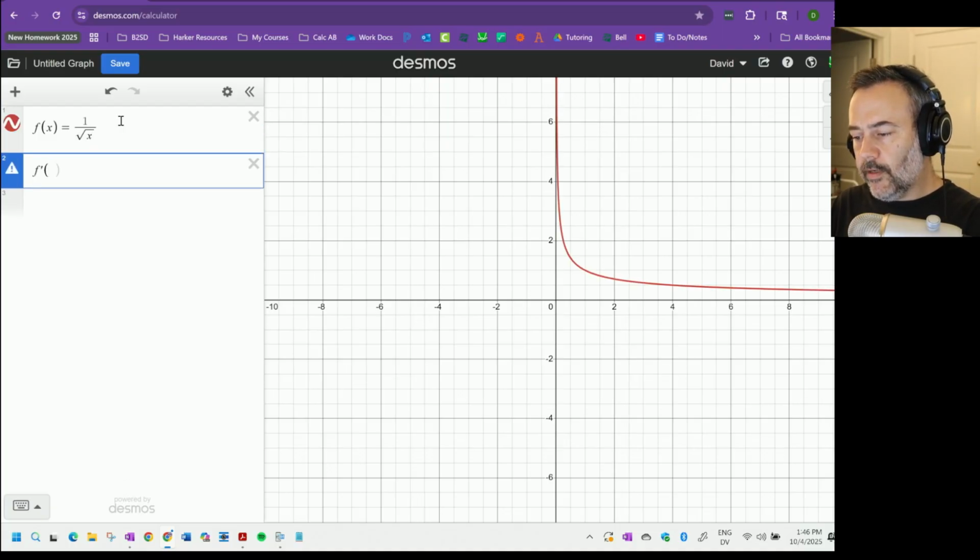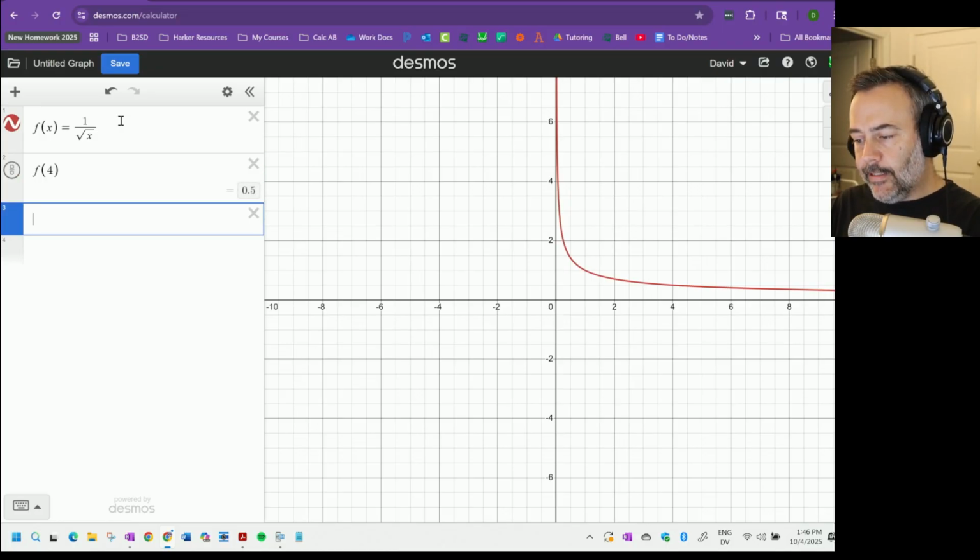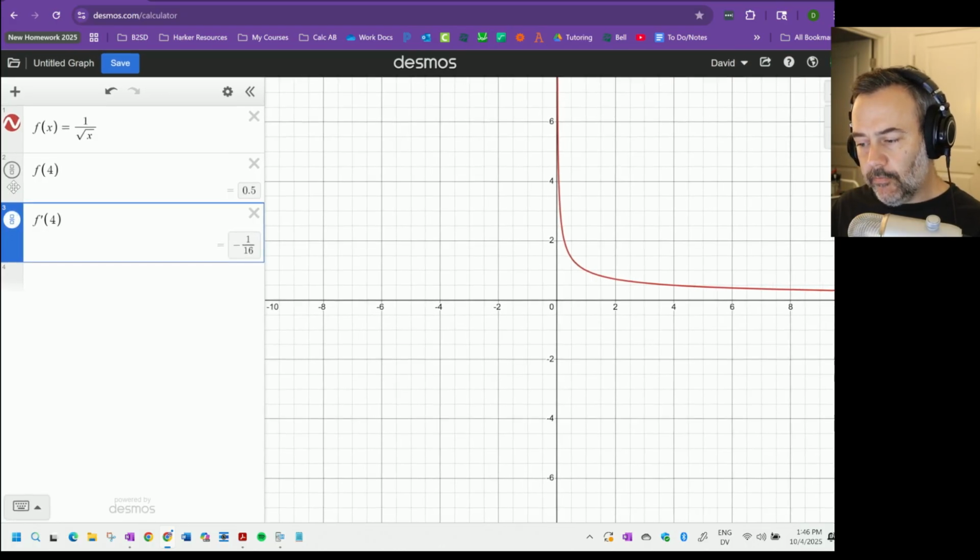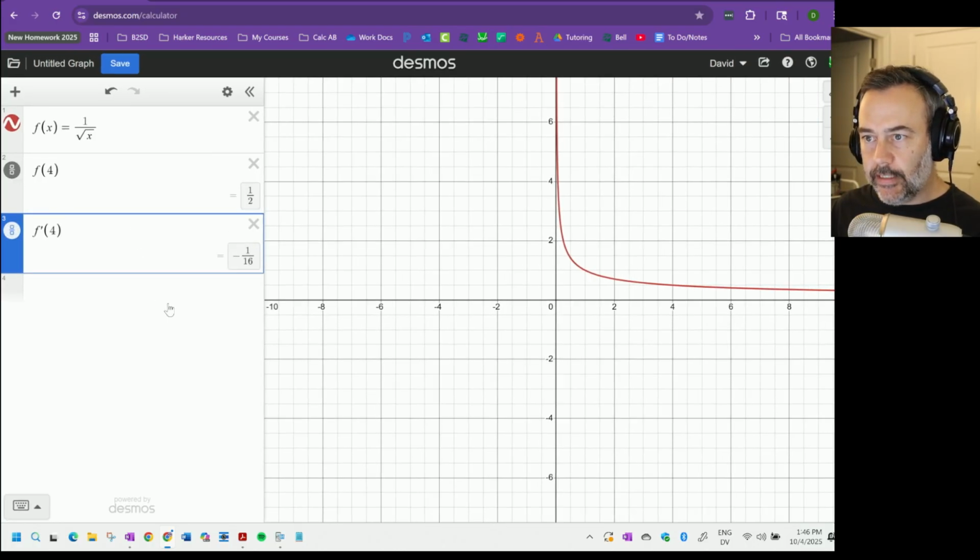And let's do f prime. First off, f of 4 is what we're doing, and that's a half. And let's do f prime at 4. And we get that decimal, negative 1/16. That's what we got. That's fantastic.